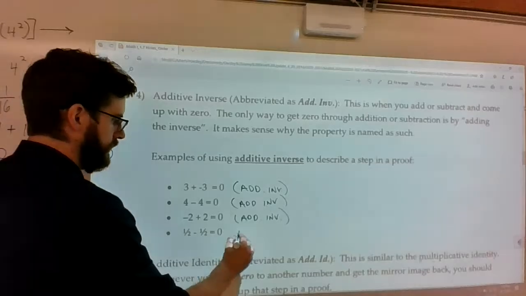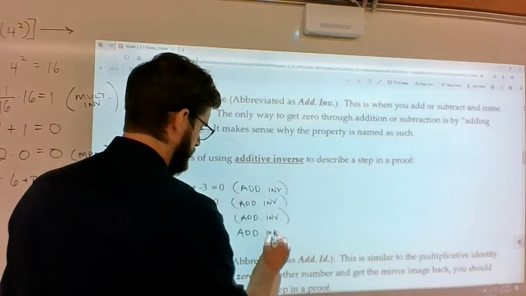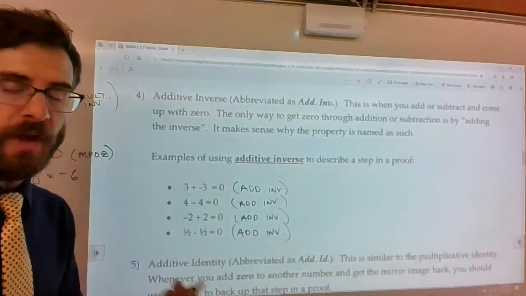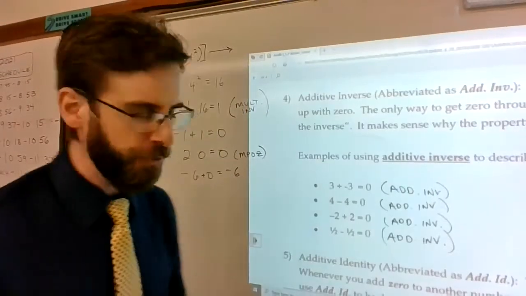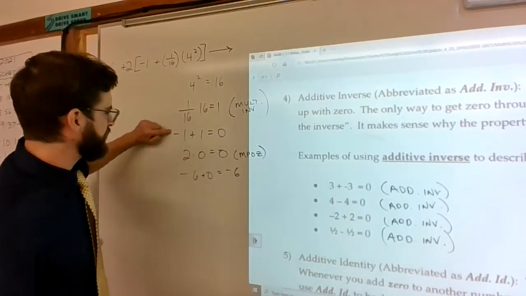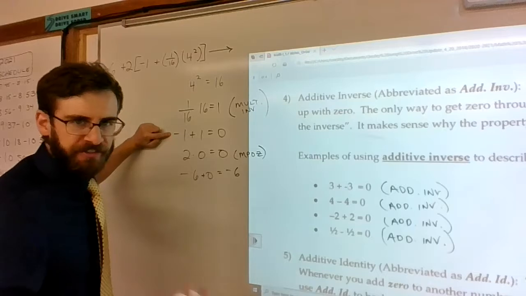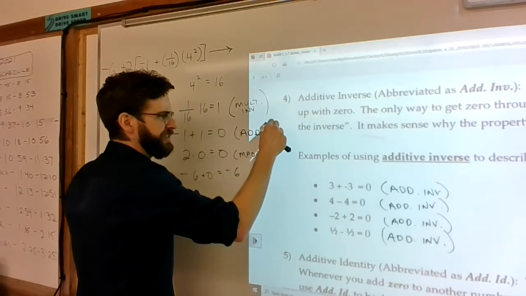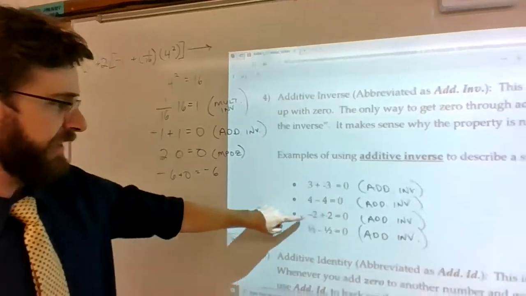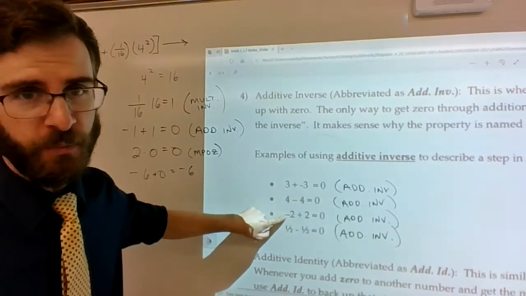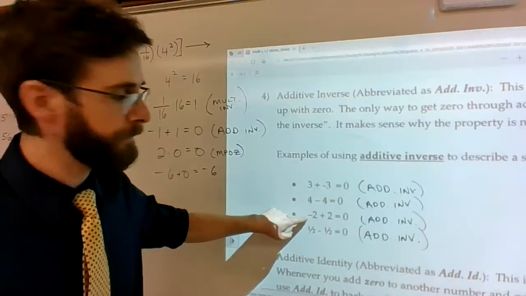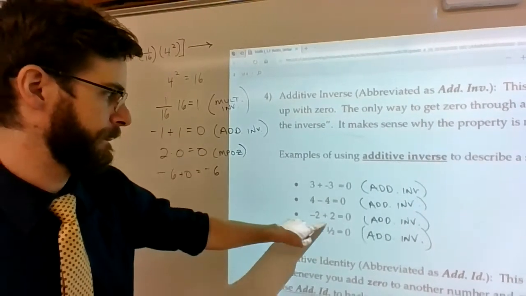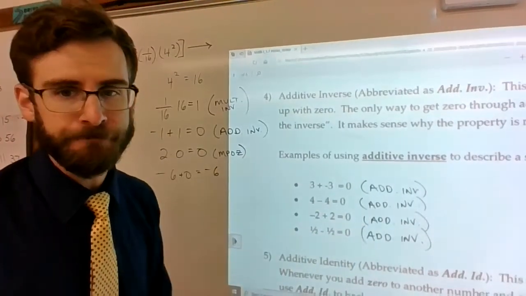So if we roll on over to our previous proof, it's pretty clear that this one shares that consistency with specifically this one right here. It looks identical to it. We just swapped out the 2's for 1's. Both of them are additive inverse.